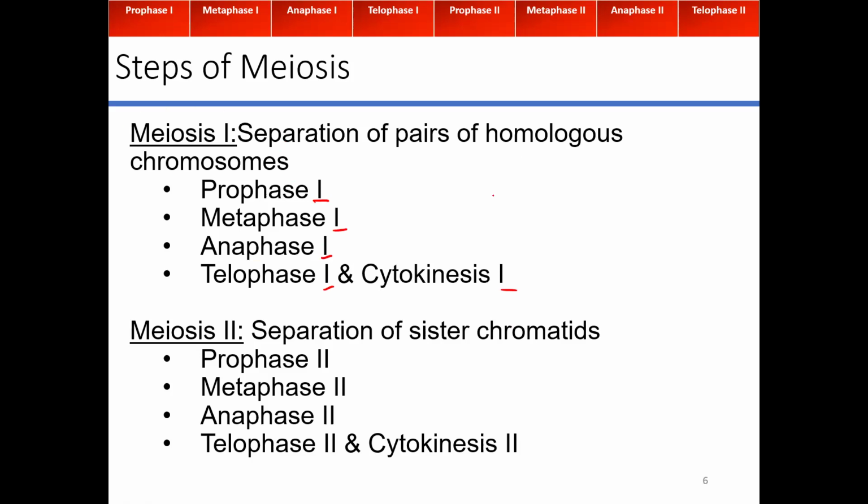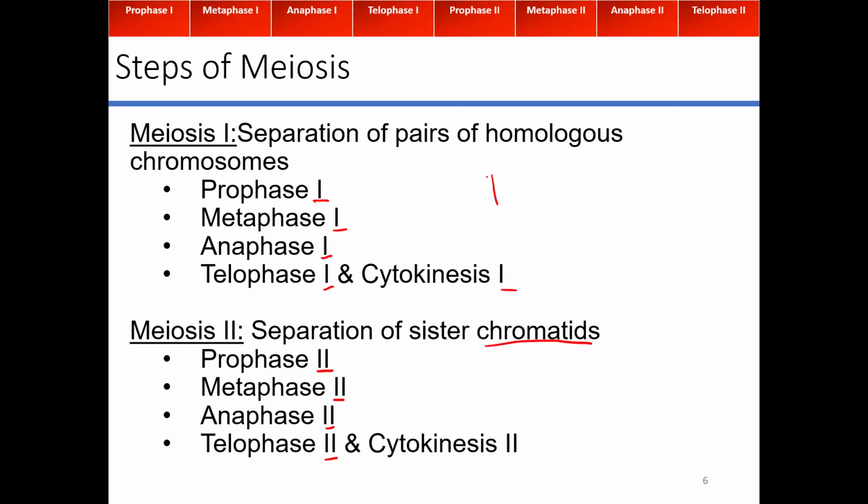So in this case, we have our diploid, and then we go through meiosis 2, which is the separation of our sister chromatids, which again are going to get us down to our haploid, half of what we originally started with. And then again, you can see we have prophase, metaphase, anaphase, telophase, and cytokinesis. And on the side here, we have a 2, which represents that it's gone through it a second time.